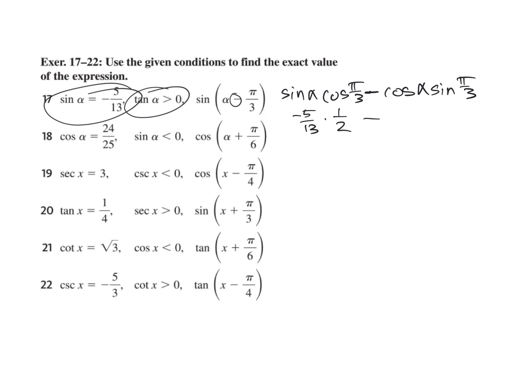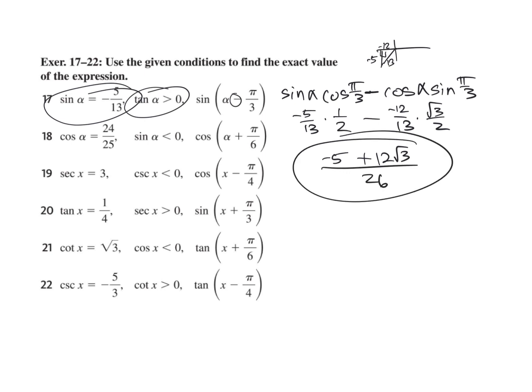Cosine of alpha, if we want to know what that is, so this is negative 5, that's 13. That's negative 12. 5, 12, 13 triangle. So the cosine is negative 12 over 13. And the sine of 60 degrees is square root of 3 over 2. So now we have negative 5 minus negative 12 square root of 3, so plus, all over 26. And that is actually our answer.